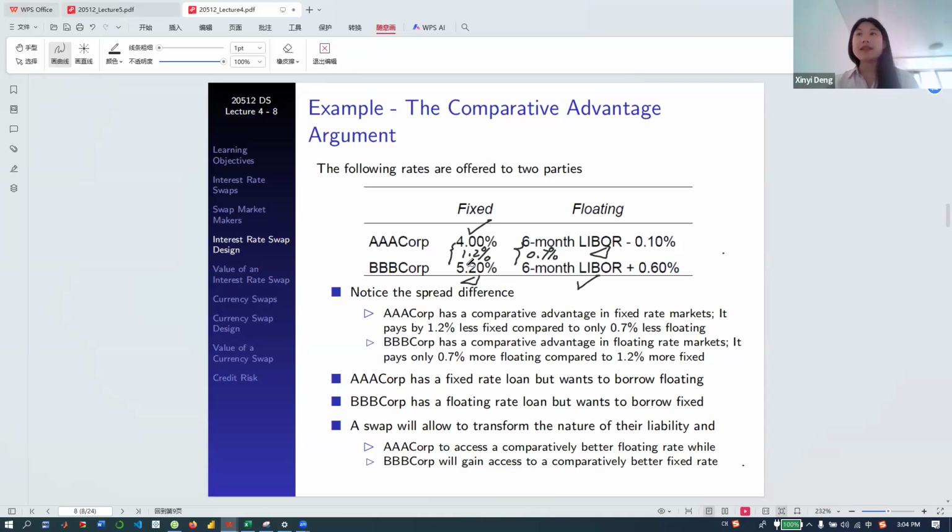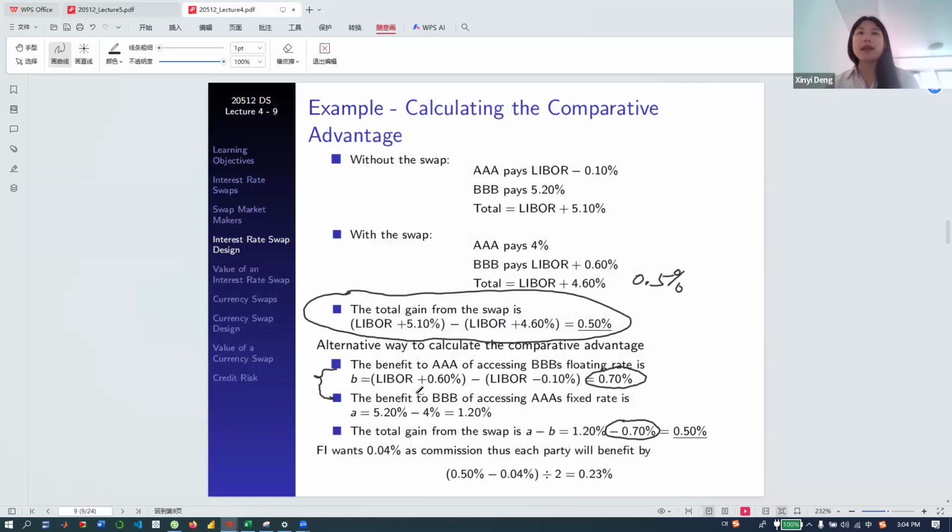So its borrowing cost is cheaper by that amount. So that 1.2% is a gain, and this 0.7% is a loss because AAA is paying more by accessing BBB's floating rate. Therefore, the total gain from the swap would just be this gain, 1.2, minus this 0.7% loss. That's going to be equal to 0.5% as well.